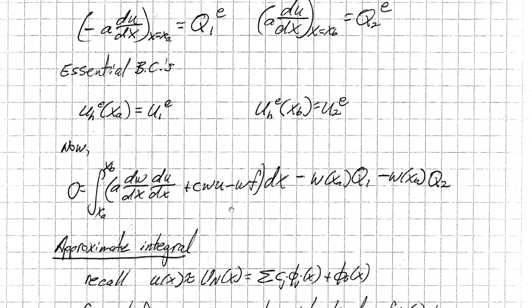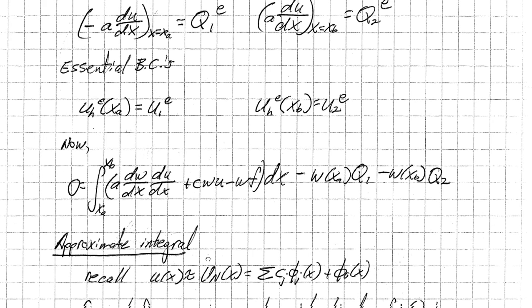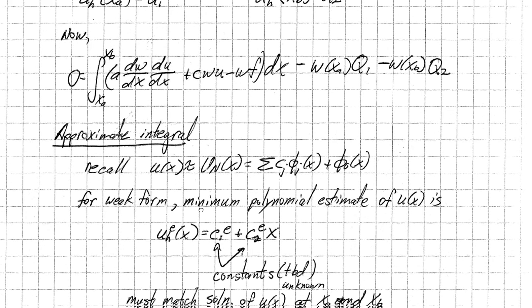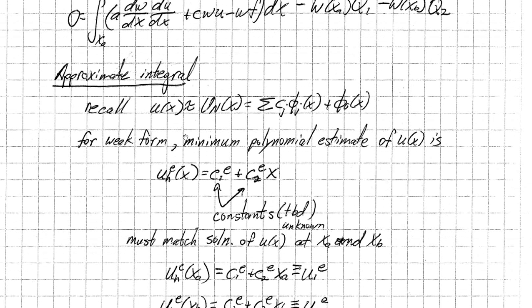Alright, so substituting in this definition of flux, you have these values at the endpoints, and then we have to figure out how to evaluate this integral. So we're going to approximate it. And we're going to assume that we may not be able to get the exact solution, U, but we may be able to get something close to it.